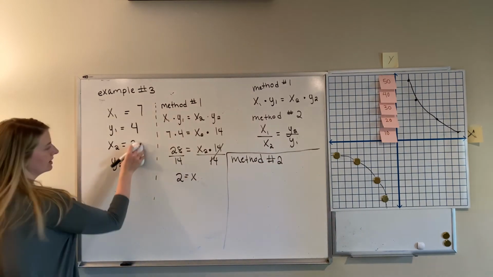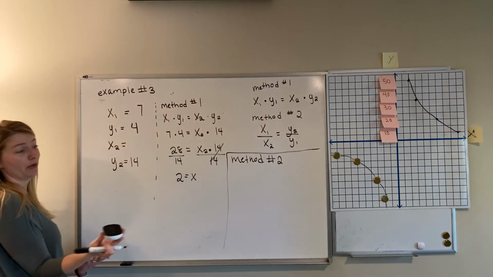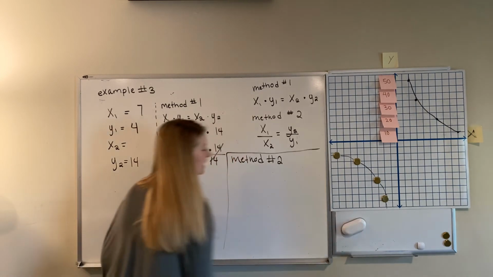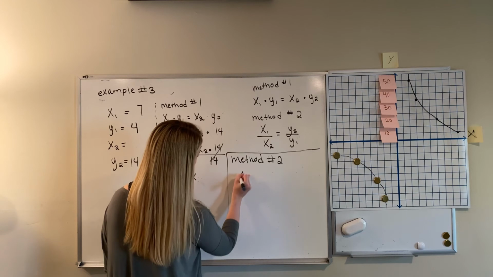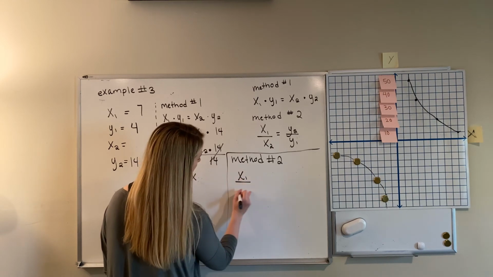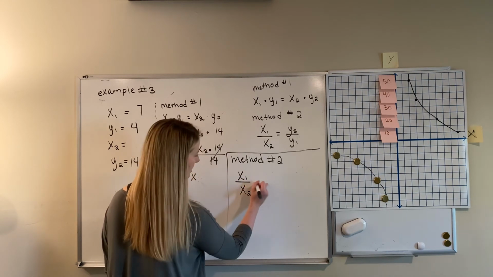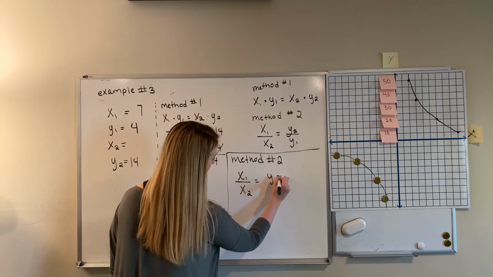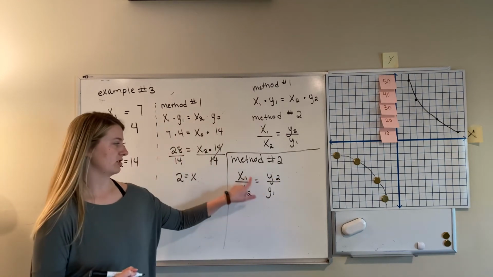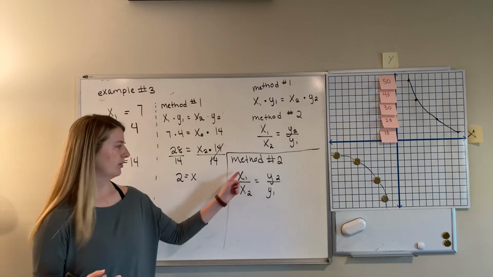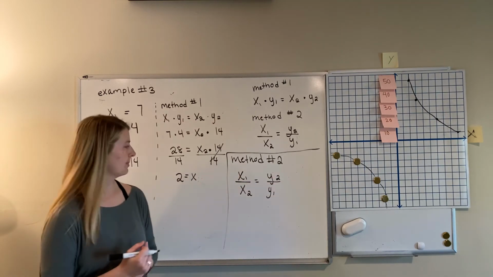Again, we don't know our second x value. We now know it's 2, but for the sake of the argument, we don't know. Method 2 says we're going to take x1, put it over x2, set it equal to y2 over y1. And this is what I meant. You have to remember your diagonals have the same number value. 1 and 1, 2 and 2.